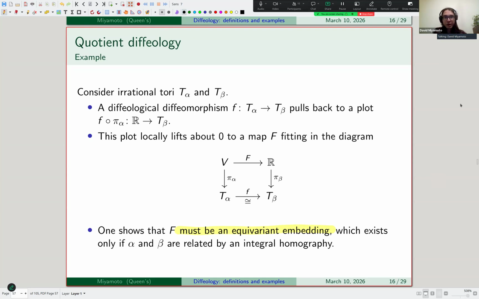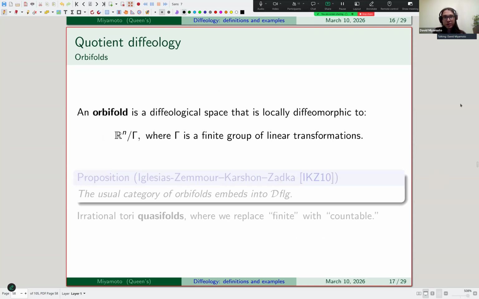This non-triviality of the irrational tori. And then a question about orbifolds. So every orbifold is naturally a diffeological space. In fact, I can define orbifolds as a diffeological space that is locally diffeomorphic to these quotients R^n mod gamma, where gamma is a finite group. In diffeology, these are all diffeological spaces. And then I can take my diffeological space X and ask that it's locally diffeologically diffeomorphic to these R^n mod gammas, where maybe gamma can change as I move around X. And that will be an orbifold.